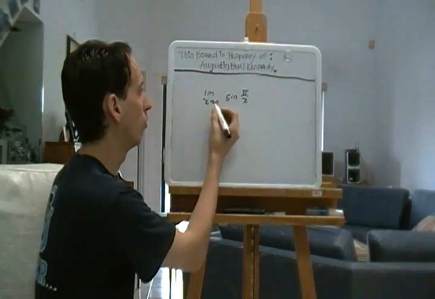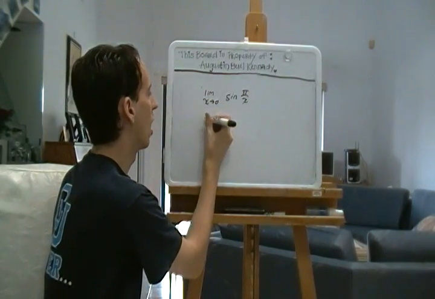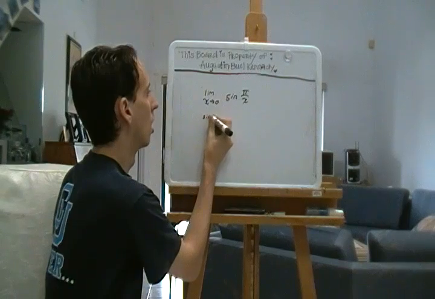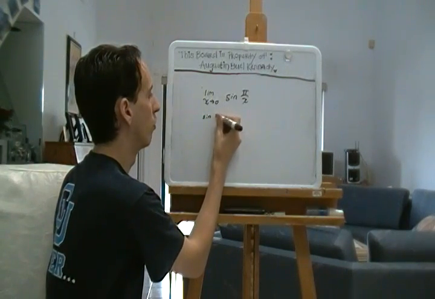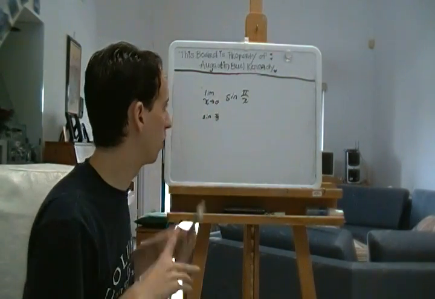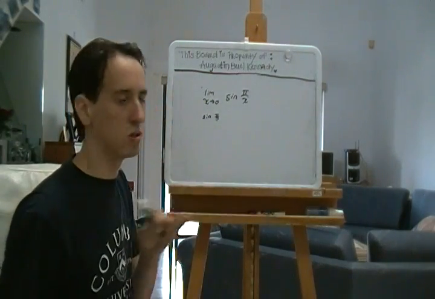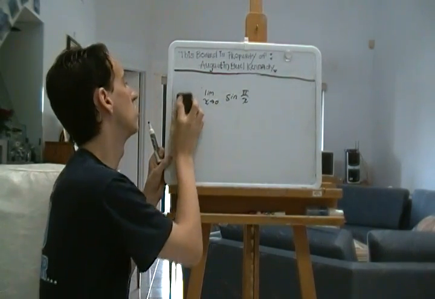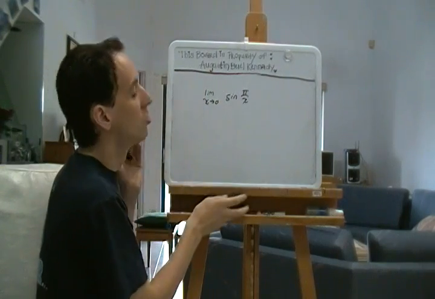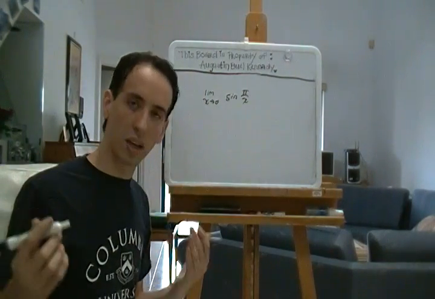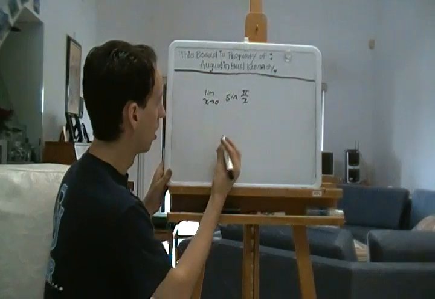Let's try plugging it in. Right away, we get sine of pi over 0, which is indeterminate. We can't do anything with it, so direct substitution fails.